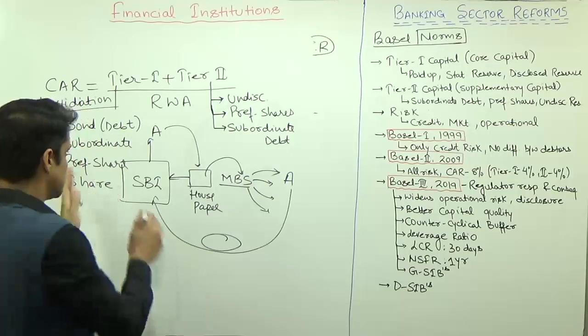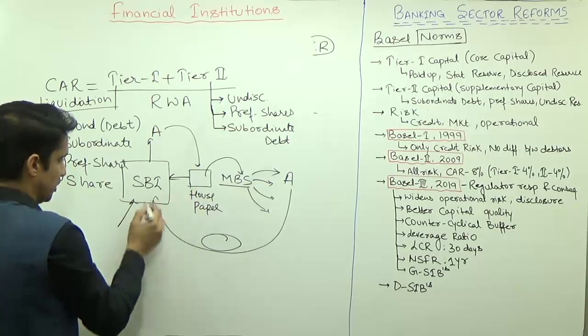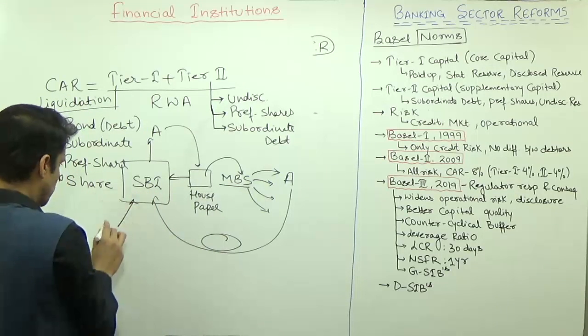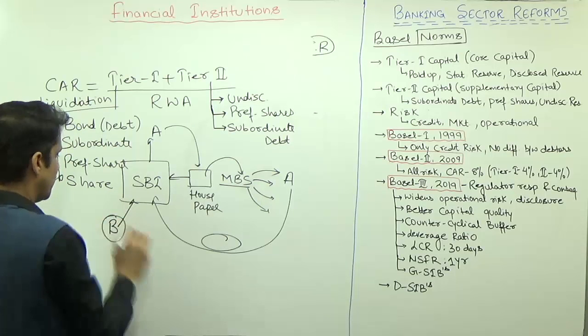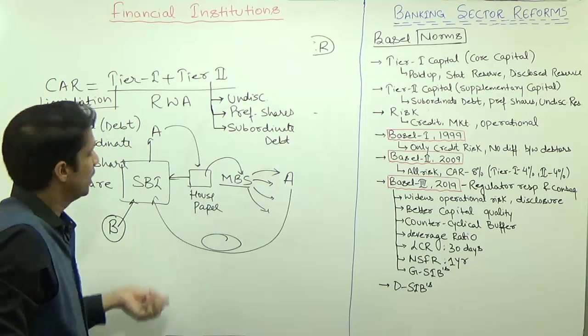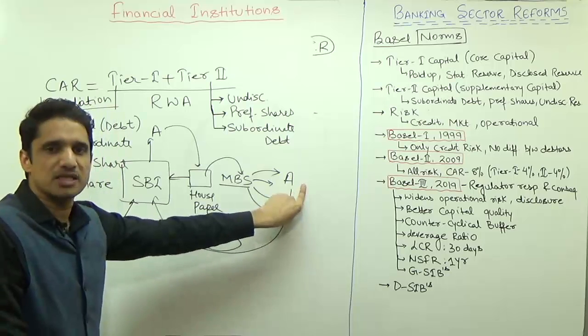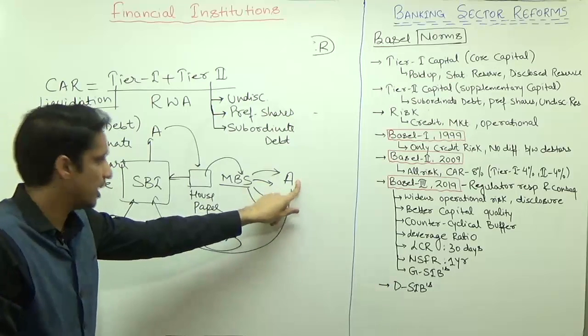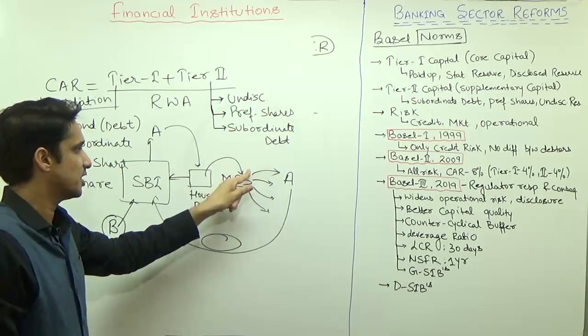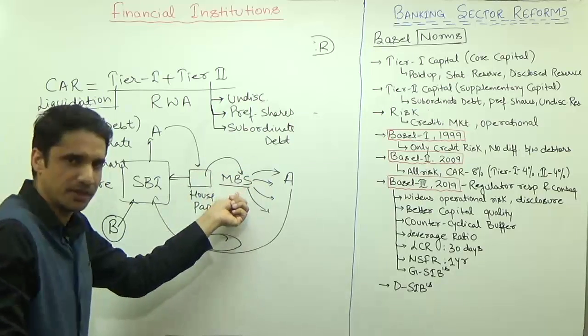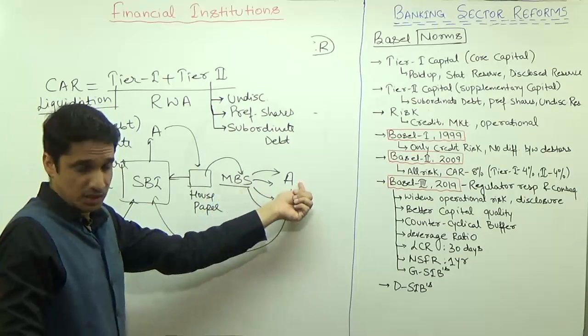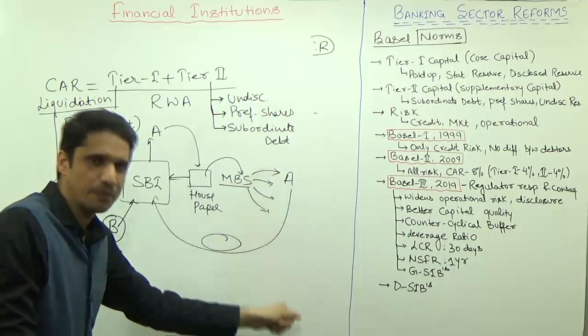So first, whoever has given a direct loan to SBI, suppose SBI issued some FD, this FD holder B will get the first priority. Then A will get the second priority, because A has invested in this mortgage backed security, which is a derivative security. So of course A should get some money, but A will get the second priority.